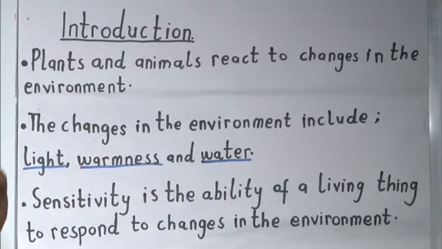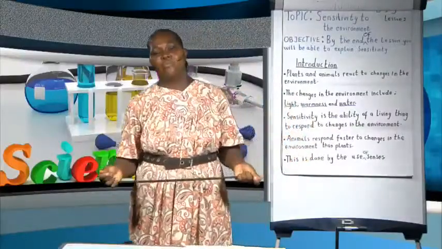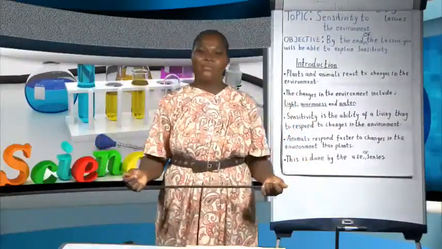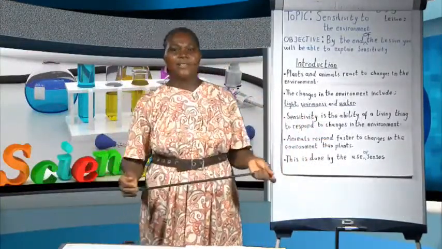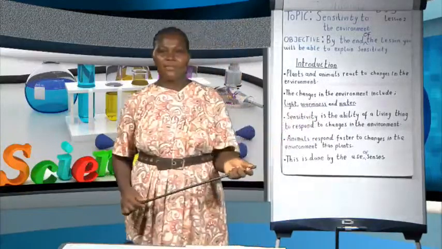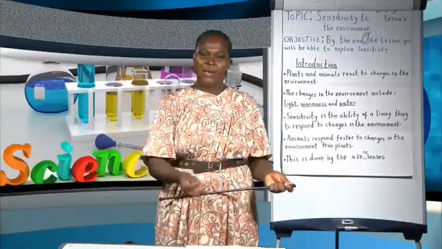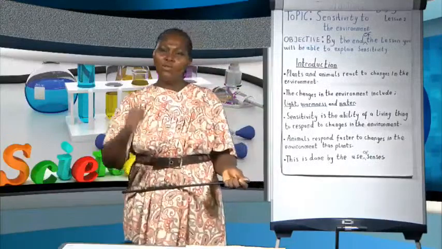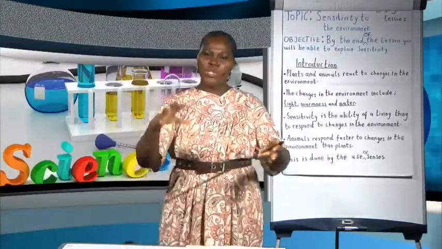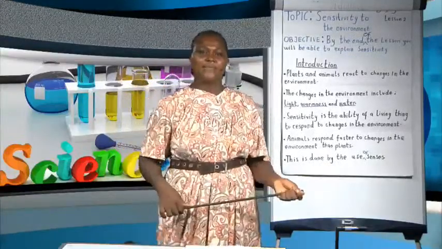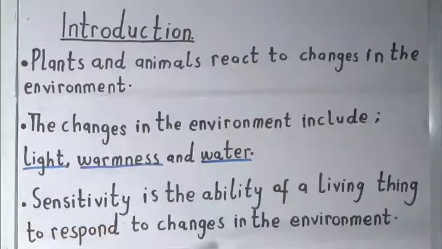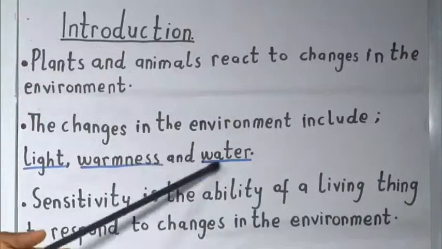When there is hotness in your room, you start sweating, and it shows the response of your body. Or when you touch something which is very hot without knowing it, you respond immediately. You remove your hand.